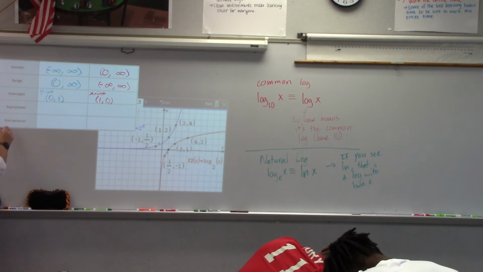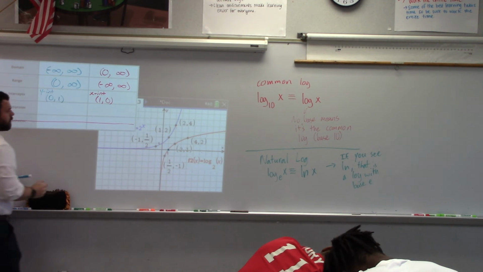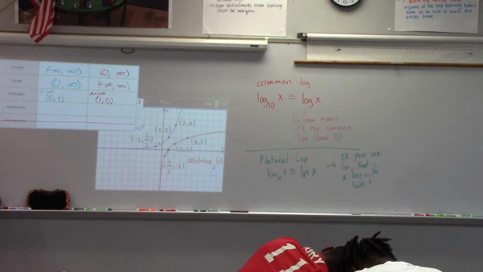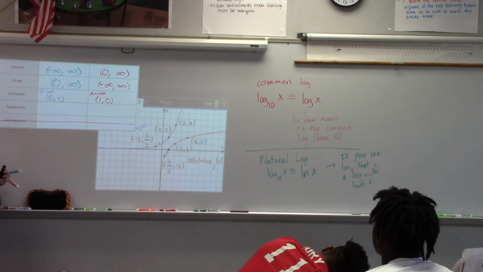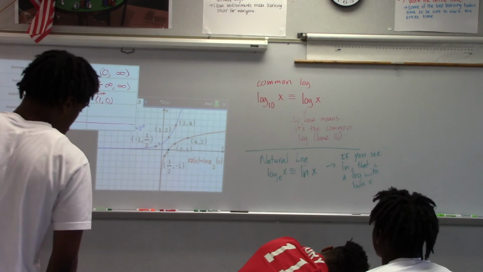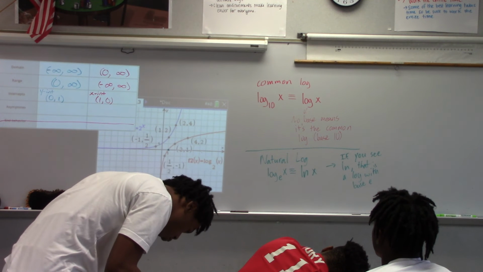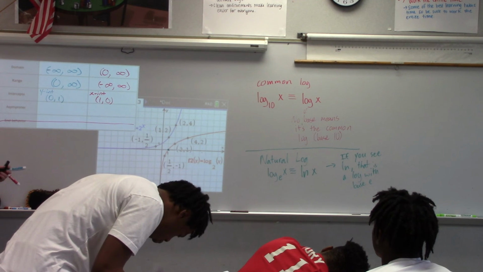We're not going to worry about end behavior because we didn't talk about that this year, unfortunately. But asymptotes. Does anyone remember what the asymptote would be for the exponential? It's a line or a curve that the function approaches. Do you see a line that the exponential is approaching?